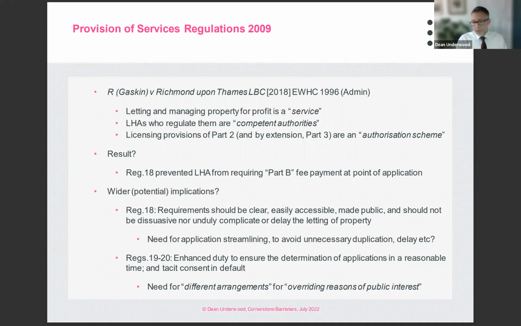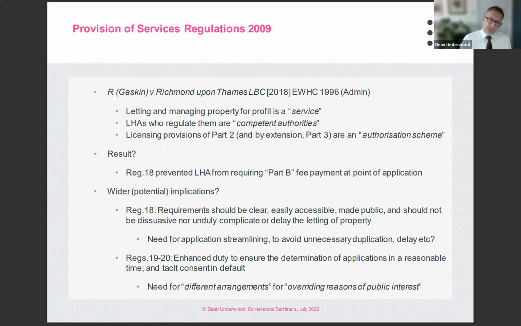Given that Regulation 18 was held to apply in Gaskin by virtue of Mr. Gaskin being a service provider and the local authority being a competent authority. And in any event, I would suggest local authorities would be well advised to streamline their application process wherever possible for the purposes of good administration and indeed for their own benefit, and many, of course, already do so.